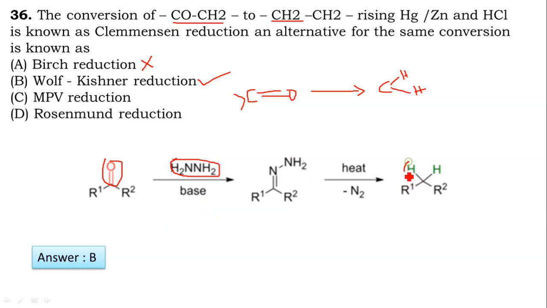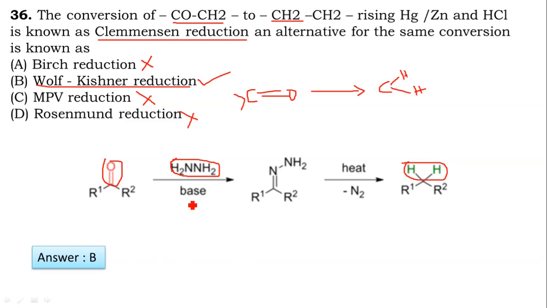The C double bond O bond becomes a CH2 bond. MPV reduction was also ruled out. Rosenmund reduction was also ruled out. Wolff-Kishner reduction is similar to Clemmensen reduction, where only the reagent changes. In Clemmensen reduction it was mercury amalgam, zinc, HCl, whereas in Wolff-Kishner reduction it was hydrazine in presence of base. But the conversion was the same.